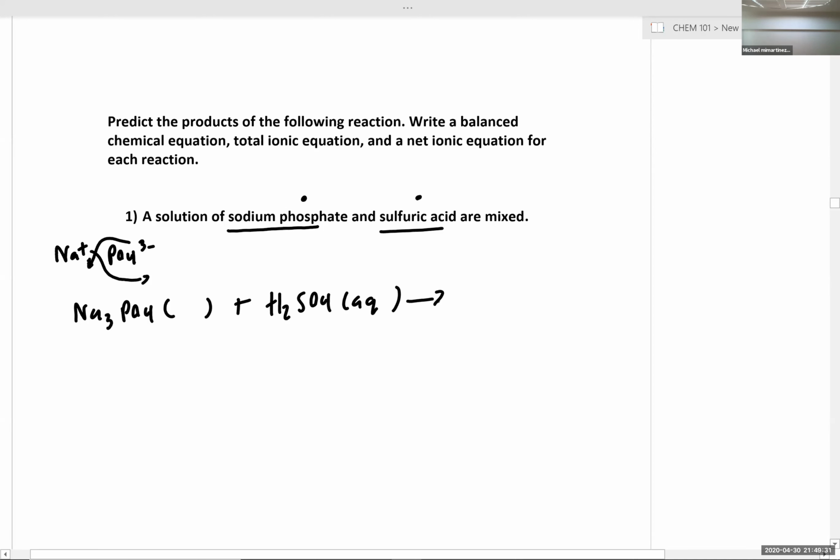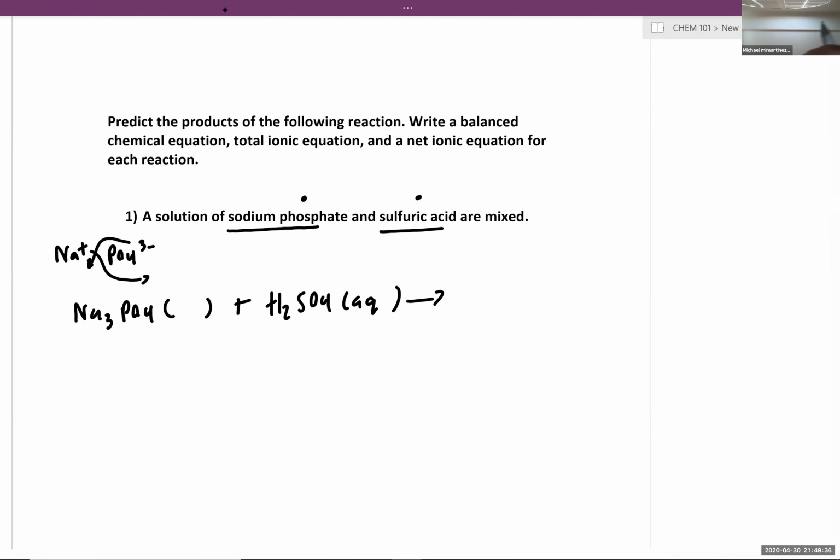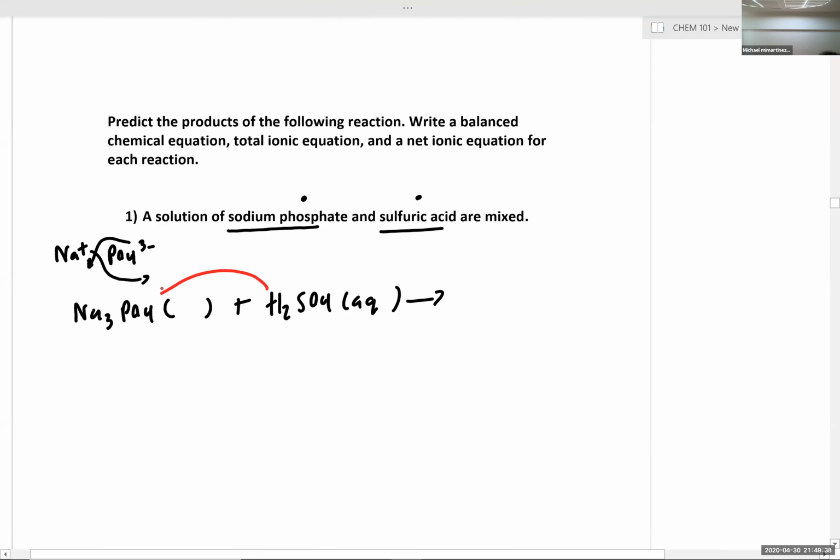Now, in an acid-base reaction, you donate protons from your acid to your conjugate base anion. So I'd like you to take a moment and try to predict the products from this reaction after the acid-base reaction is complete. Once we have our products predicted, we'll balance the equation and then write a total and net ionic equation. So let's take about 4 minutes to work through this problem.